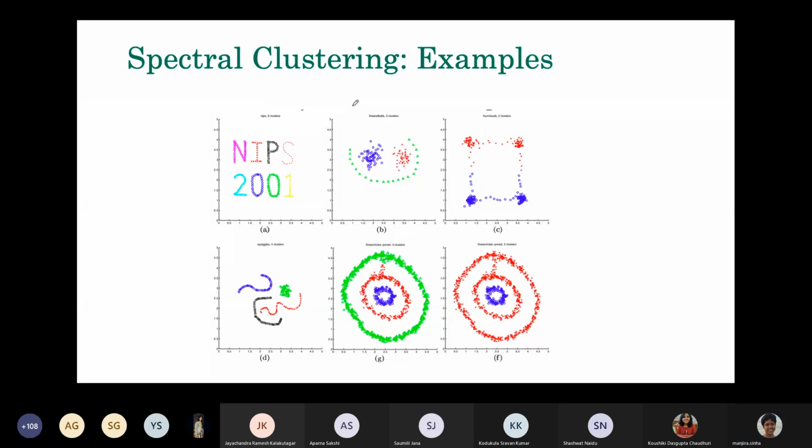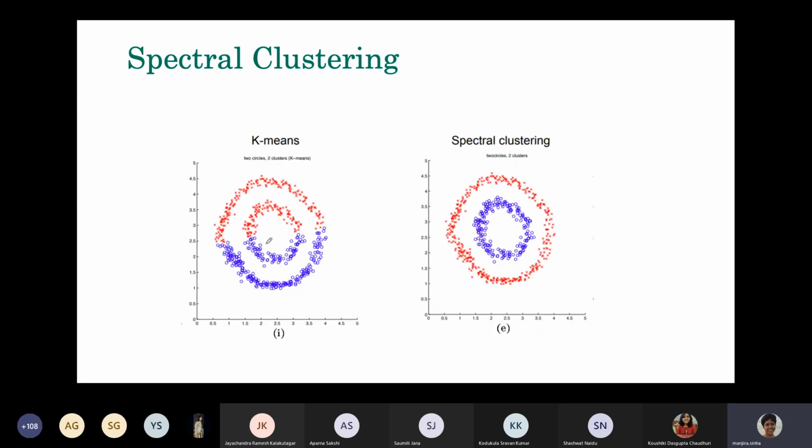These are some examples of spectral clustering on different data sets. So this is on the NIPS data set. As you can see, in the K-means clustering, it is like yesterday when we were seeing the pictures of the different groups while discussing the k nearest neighbor algorithm.